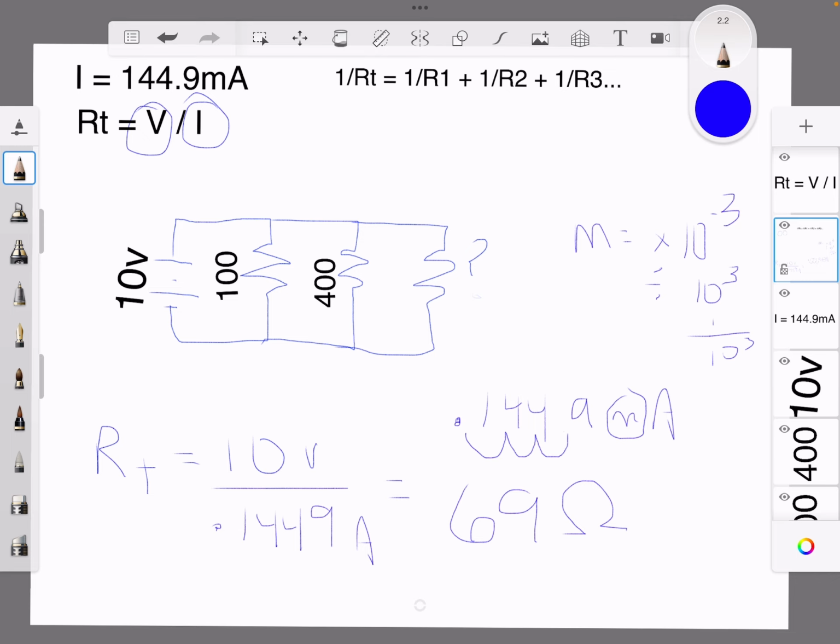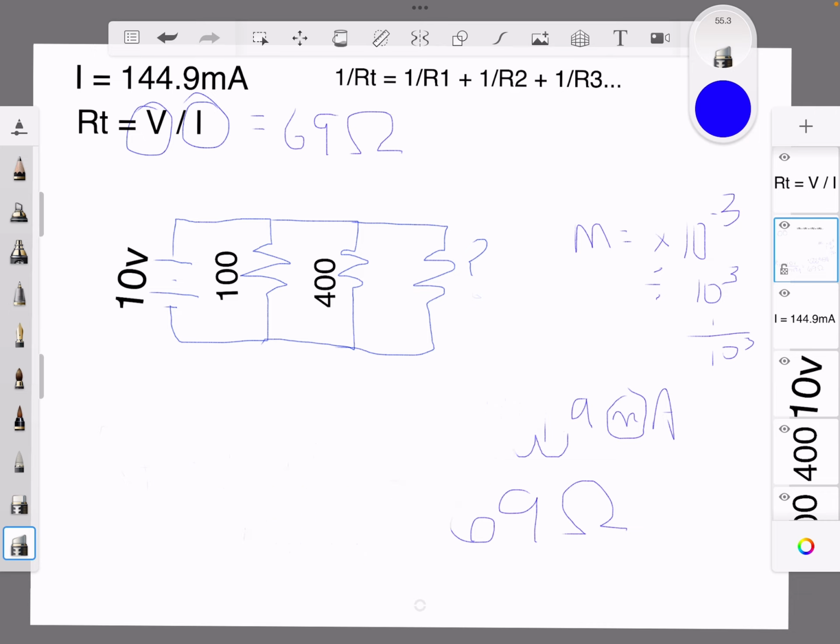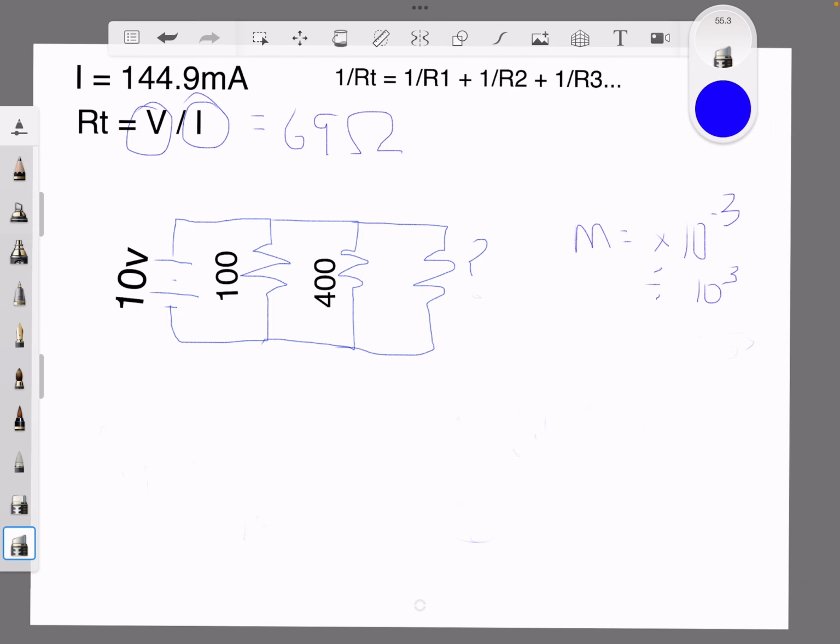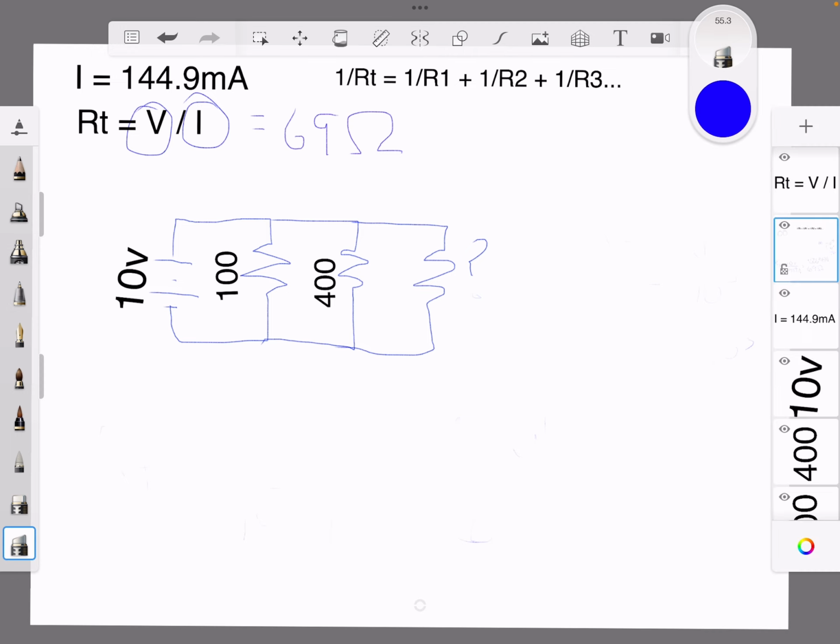So let's write that down. The resistance total equals 69 ohms. We're going to grab the eraser, and now we'll erase that math. And now we have what it takes to find the rest of the story.